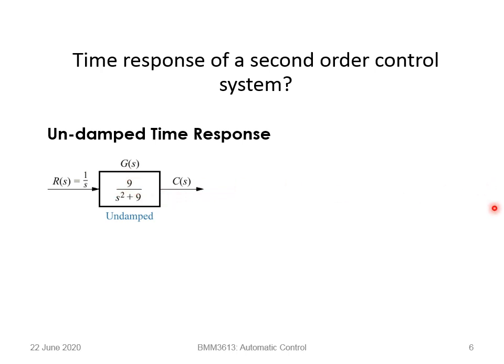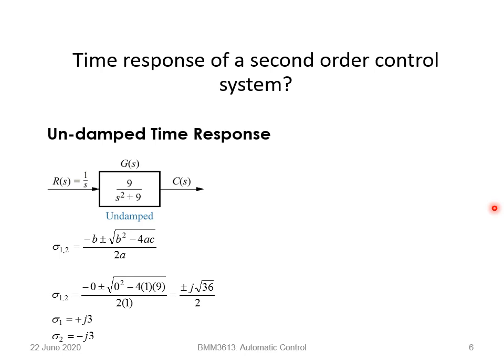The first thing that we want to do is to find the poles of this transfer function. If you calculate the poles, we would find out that the poles are at plus and minus j3. When you look at these poles, both only have a complex component, and they don't have the sigma or real component.